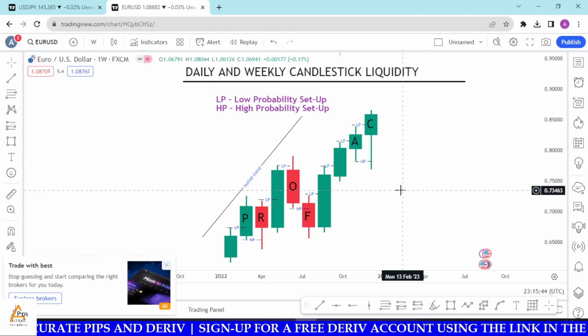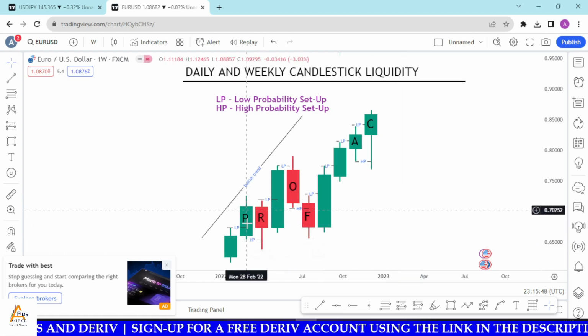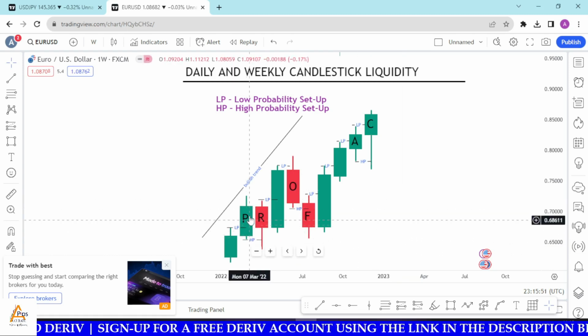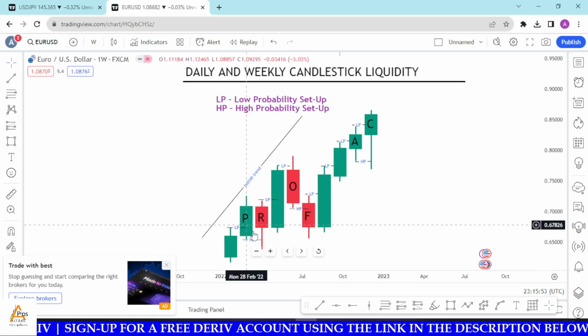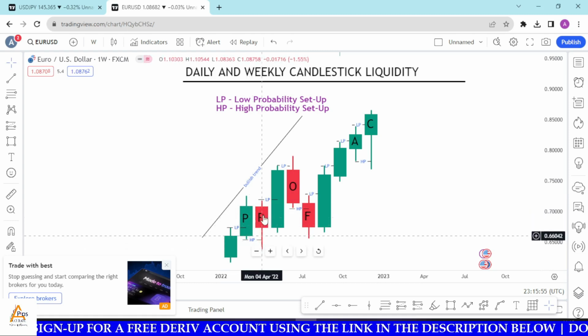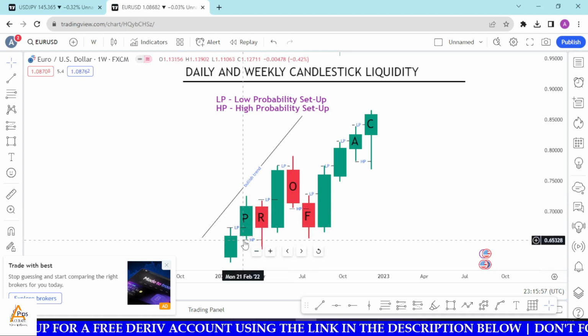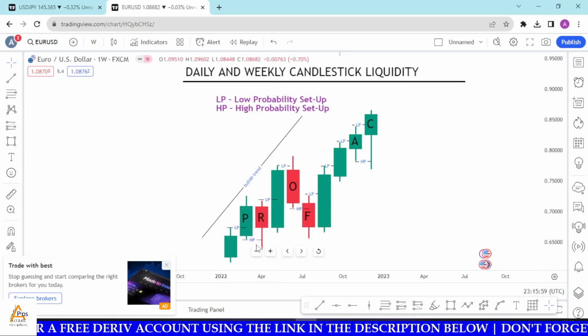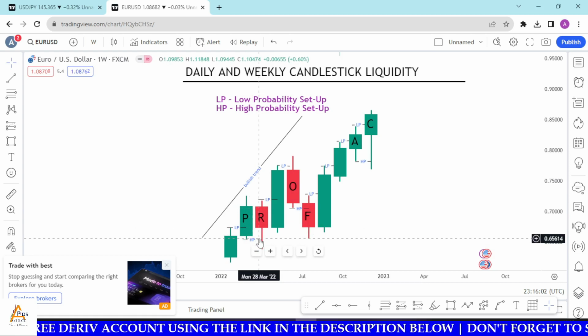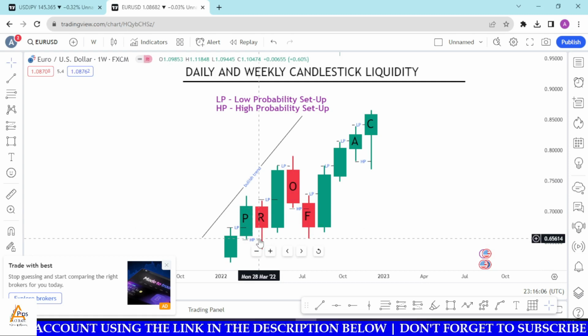Now if, let's say, the market breaks the low, so for instance this P candlestick, that I represent here by P. If you see the R candlestick took the low of this P candlestick, now because we are in a bullish trend, it means that when the low is swept or even a candle body closes below it, we look at the lower time frame for an entry confirmation.